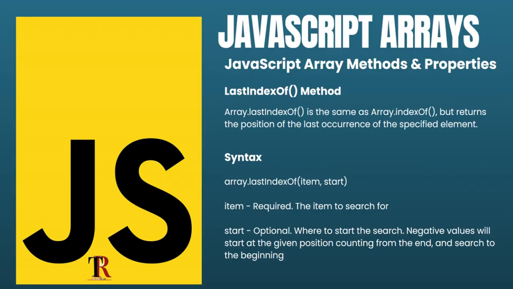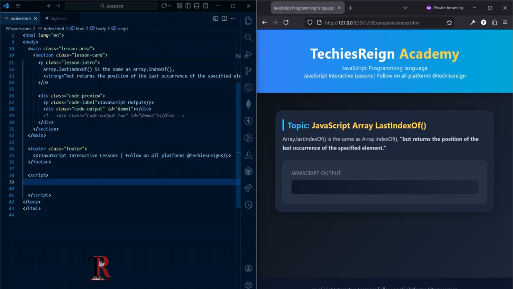For a quick and better understanding of this, let's take a look at an example in my code editor. So here's my code editor. I'm just going to make an array of cars. Sorry, that's not it. It's square brackets, not curly braces.